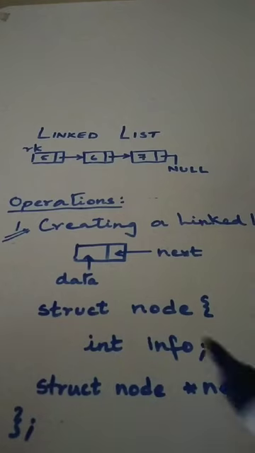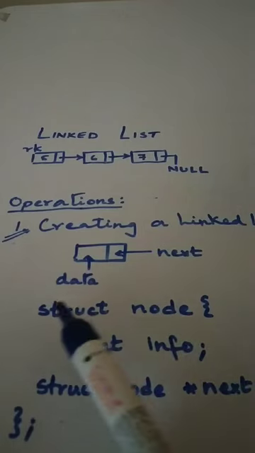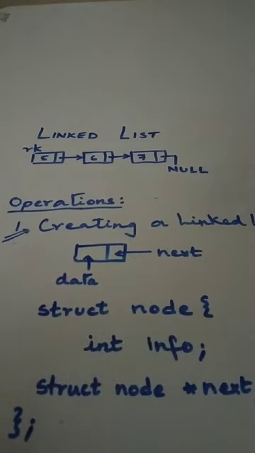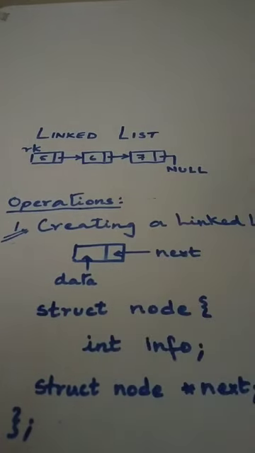Now whenever I want to create a node or declare a member of the node, I will say struct node and then the name of the member. However, if I want to avoid using struct node every time, from C, I could typedef this. So I could write typedef struct node node. Let me write it here.